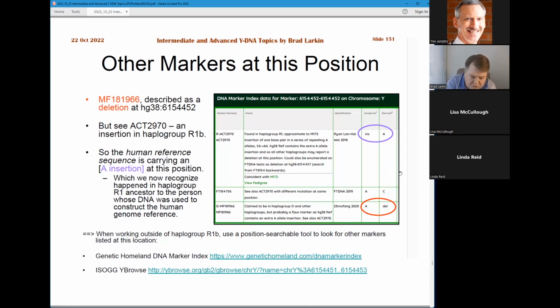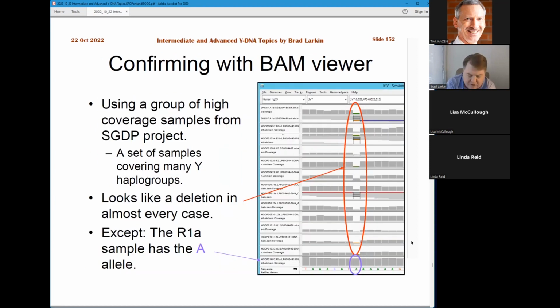When working outside of haplogroup R1b, use a position searchable tool to look for other markers listed at this location, such as Genetic Homeland's DNA marker index, ISOGG's Y-browse tool. Confirming with a BAM viewer, this is an image with samples that are across many haplogroups, A1b, B2a, E1b, C3, F2, H1.